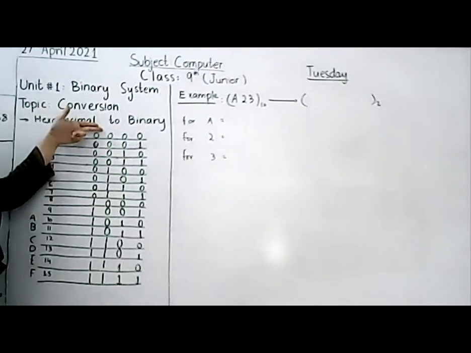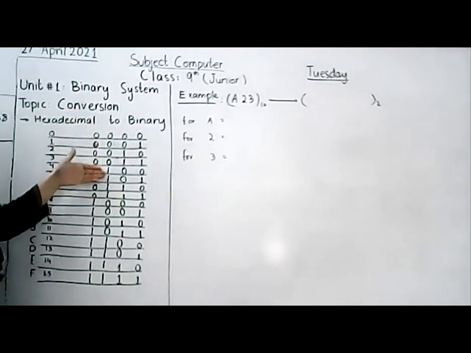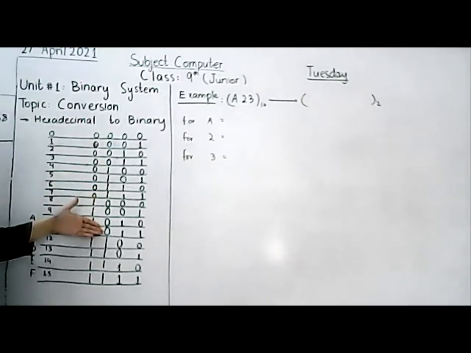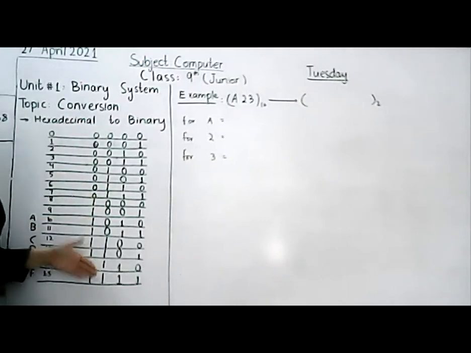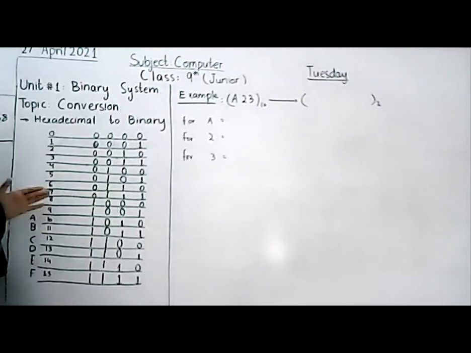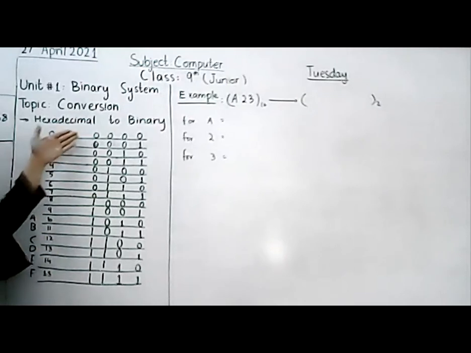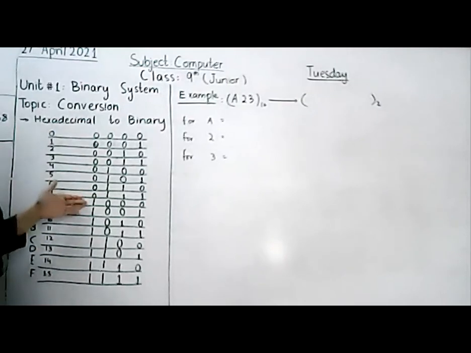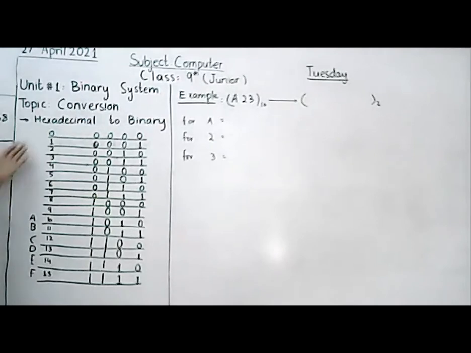In the third column, we will go for 4 times 0, 4 times 1, and so on. And at the end, in the fourth column, we will go for 8 times 0 and 8 times 1.